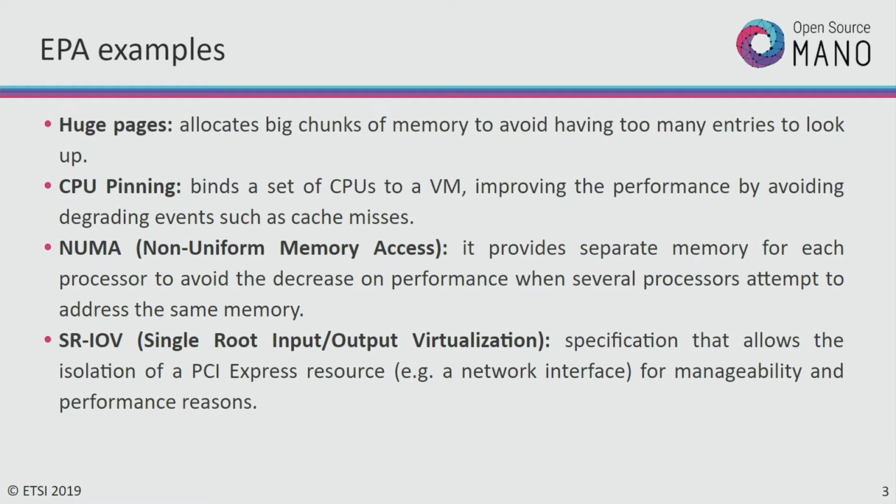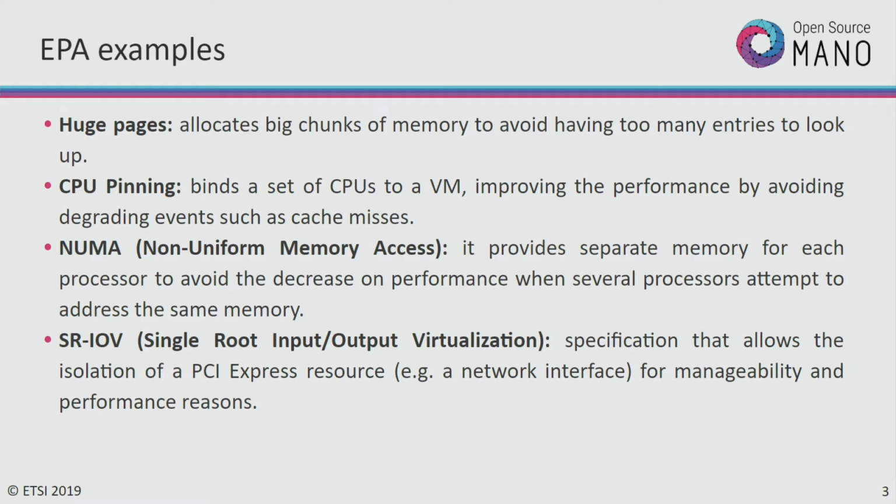With huge pages, you can use much bigger ones. So you have fewer entries for the CPU to look up. You can have like 1,000 fewer pages to look in some cases. So that clearly improves the performance of the CPU that is looking at the memory.